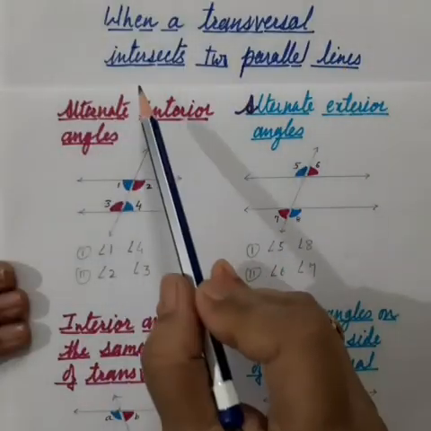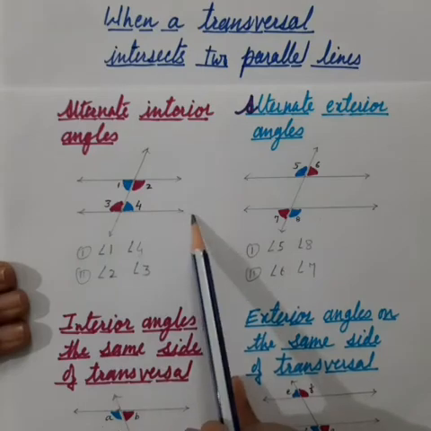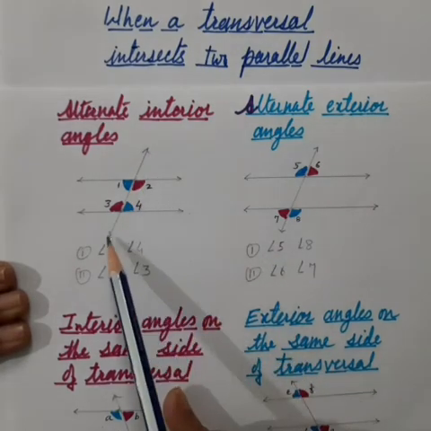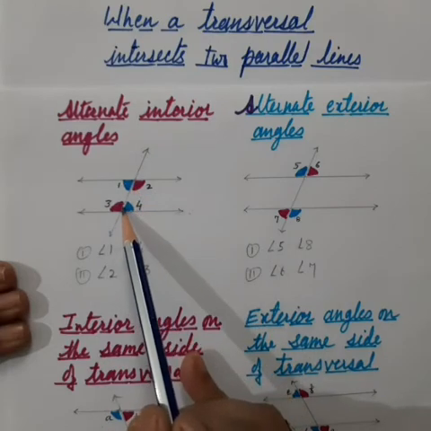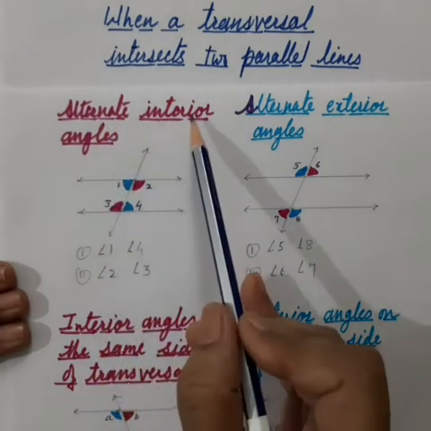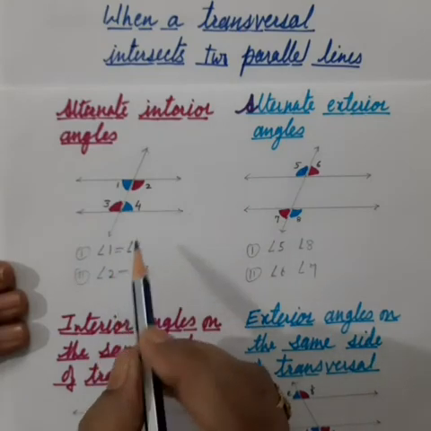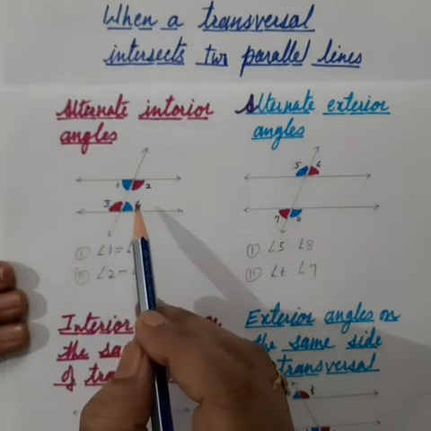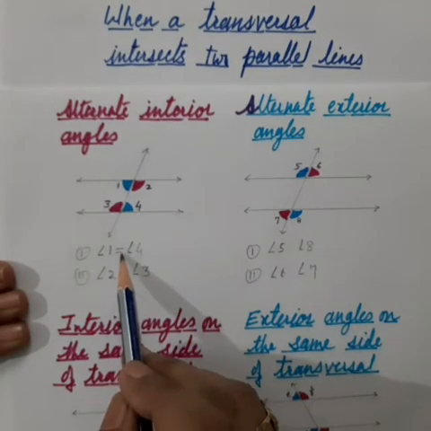When a transversal intersects two parallel lines, if these two lines are parallel and a transversal intersects these two parallel lines at different points, then the alternate interior angles we get are equal. Here angle 1 and angle 4 are alternate interior angles, so they are equal.